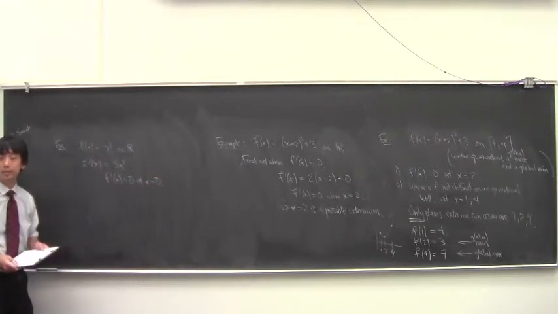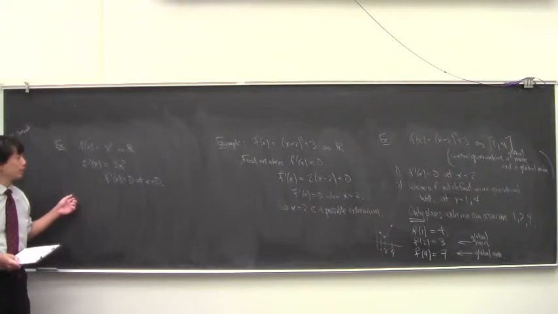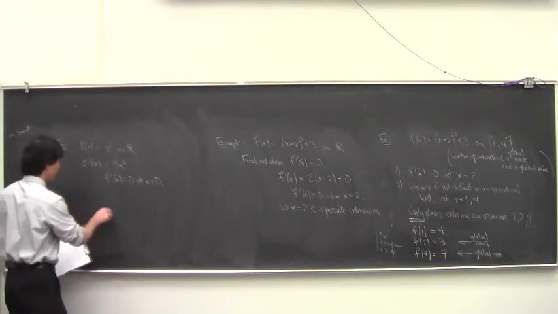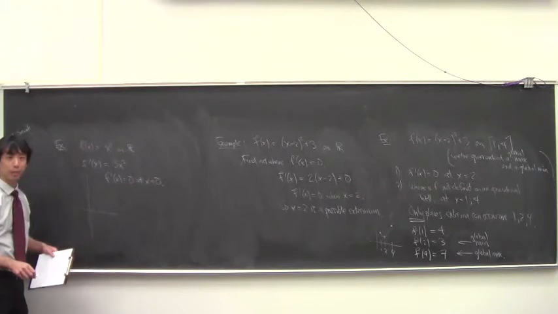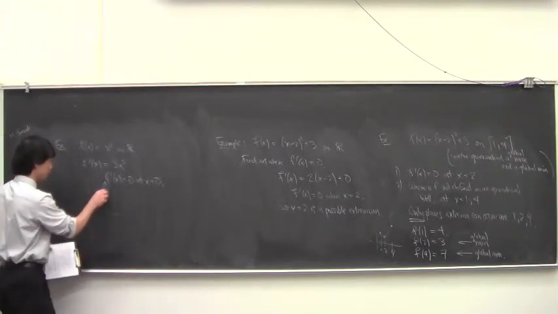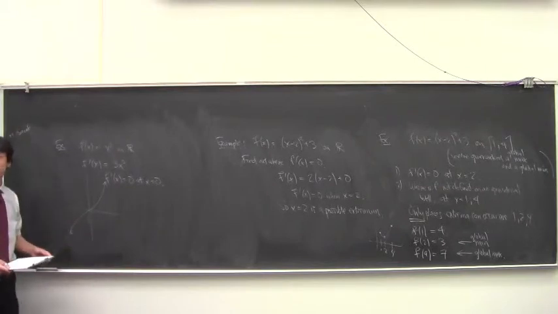Okay, so that is the only possible place that you have a local maximum. But in fact, is there a local maximum there? No, right? Because you know what the cube function looks like. There's nothing there.